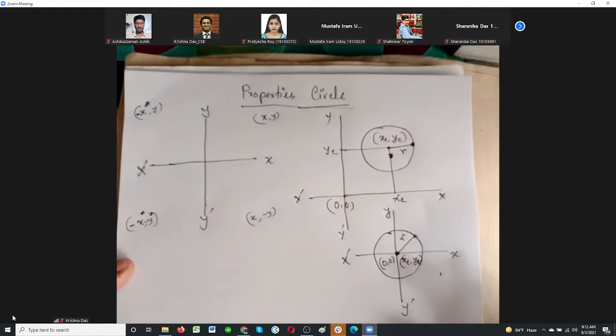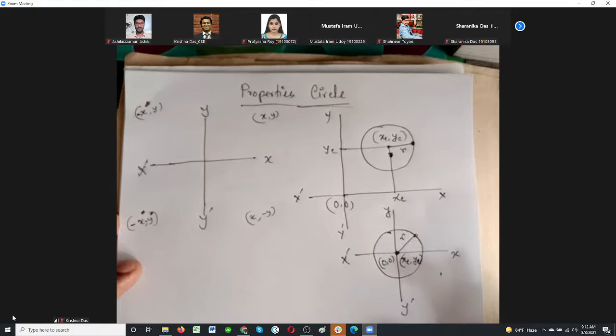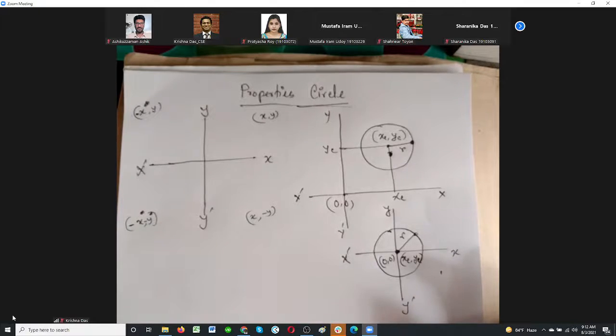Sir, a basic difference is that from the upper circle we can measure the distance from the main graph paper and its center. So we can measure the distance of the center, and in the second circle the center is given, so we don't need to calculate this. We just need to have the radius, and I think this is the difference.